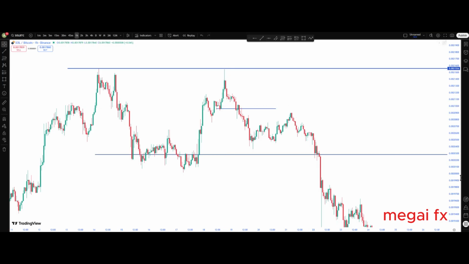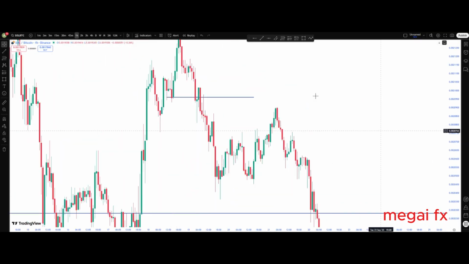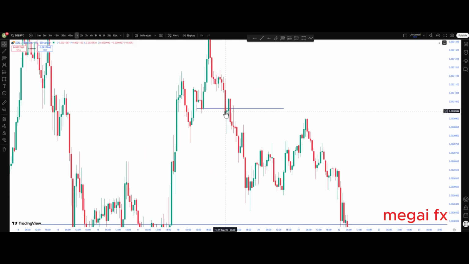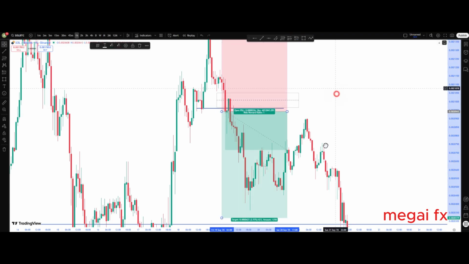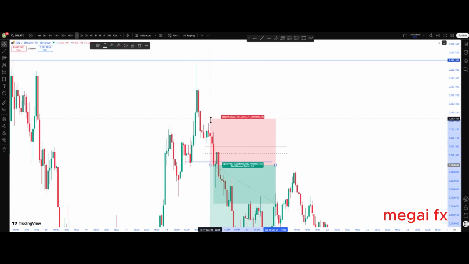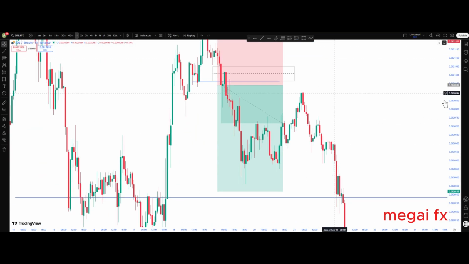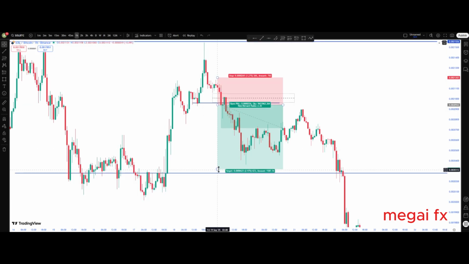You understand? So we got our change in state of delivery here with this 1 hour candle, and it also created a fair value gap. So you would have taken this trade at the close of this candle, then put your stop loss above here, then target this point as well. You understand?